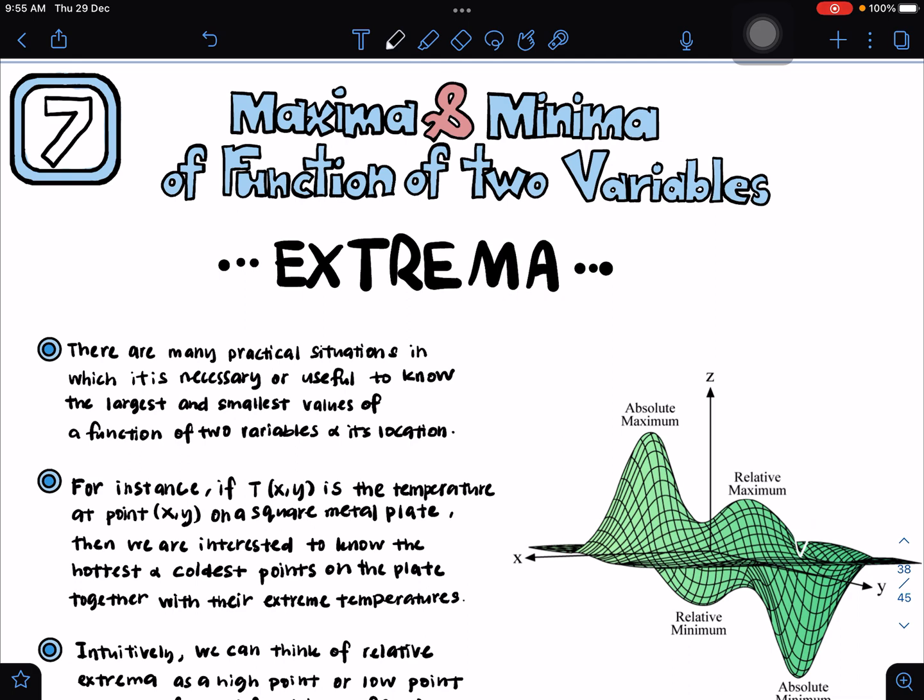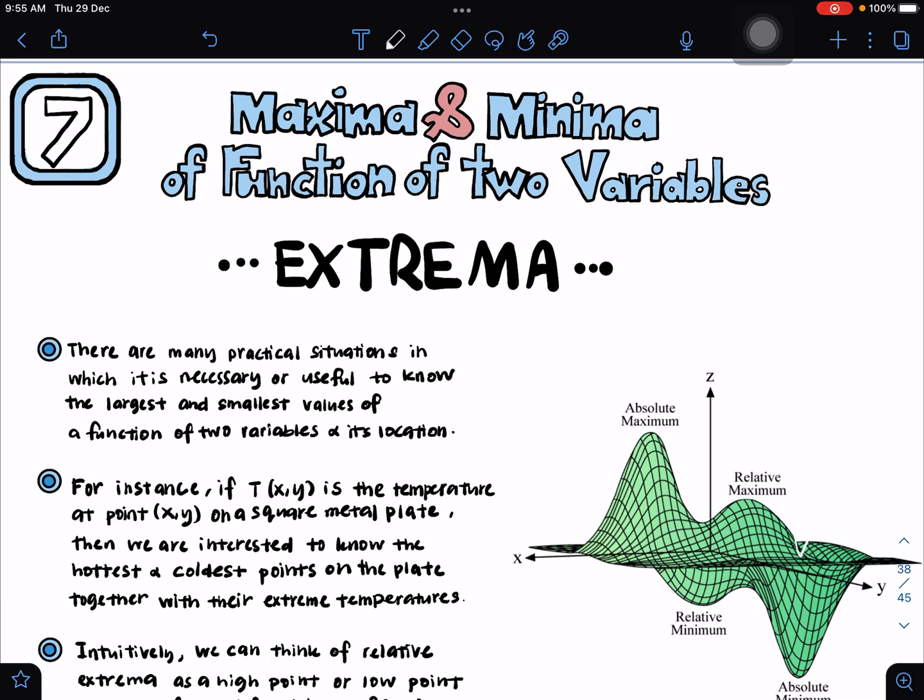We will do a first differentiation to find the critical point, where we let the first derivative of our function equal 0, and then we find the point x and y, which will be a critical point. And then for us to decide whether our critical point is a maximum or minimum point, we need to perform a second derivative.